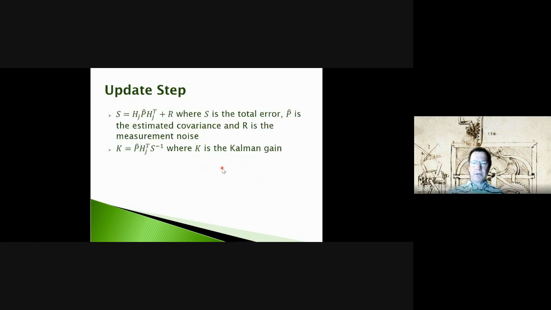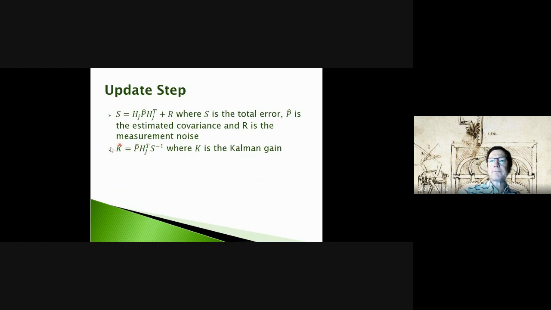All right, so then our update step here, I'm just going to kind of present these, and then we'll move on quickly. Sorry, we've got this S here, which is our total error. We've got this Jacobian matrix, our estimated covariance matrix, and R is our measurement noise.